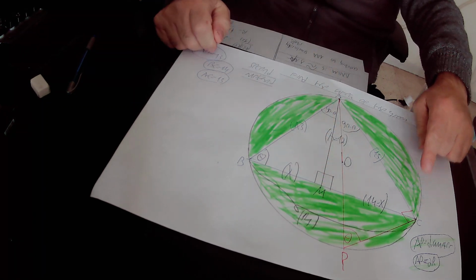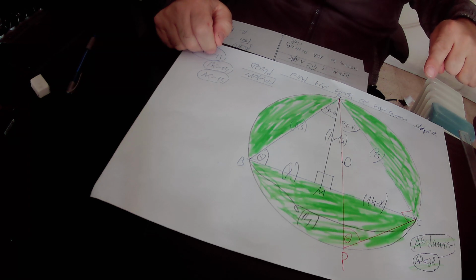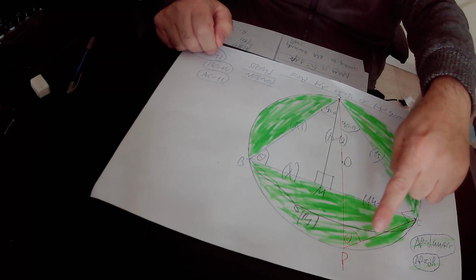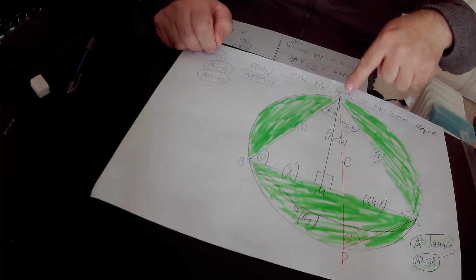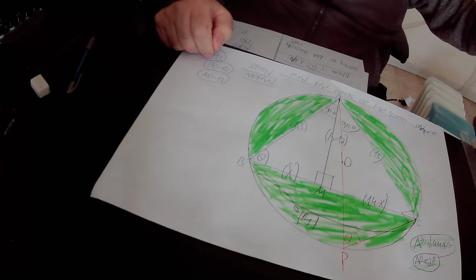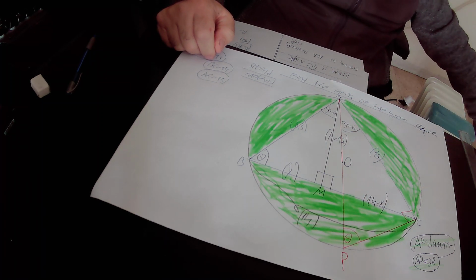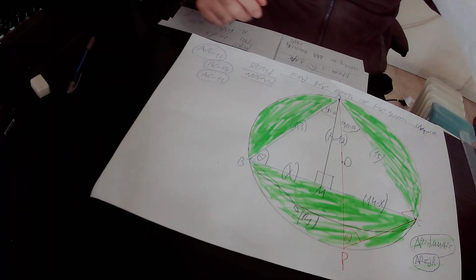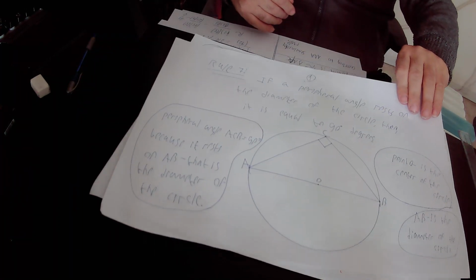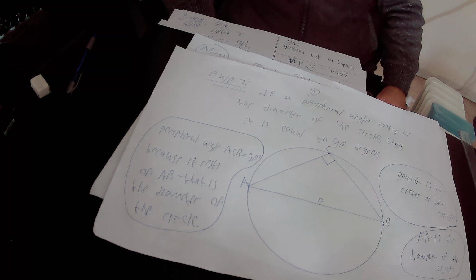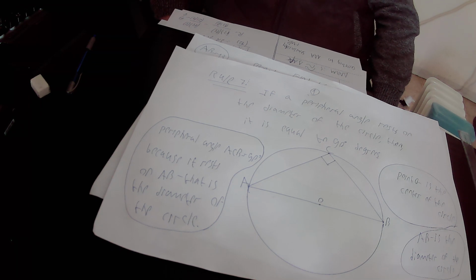In this way, we created peripheral angle ACP. This peripheral angle ACP rests on AP, the diameter of the circle. And we have here rule number 7. According to rule number 7, if a peripheral angle rests on the diameter of the circle, then it equals 90 degrees.